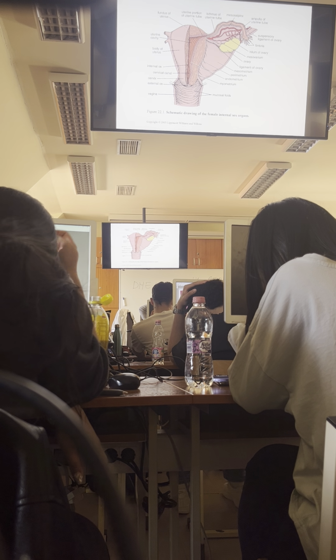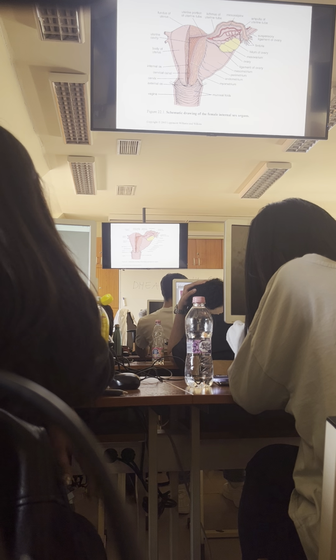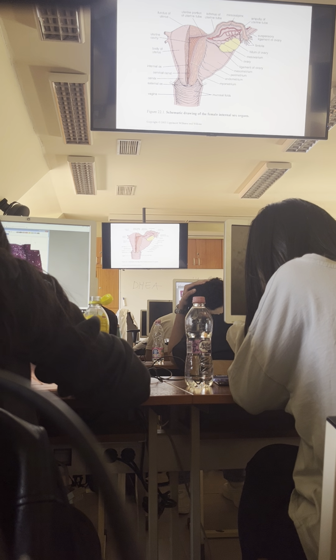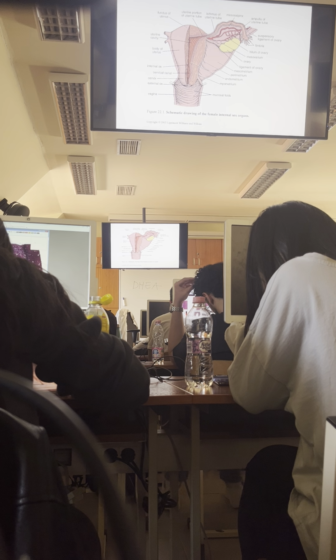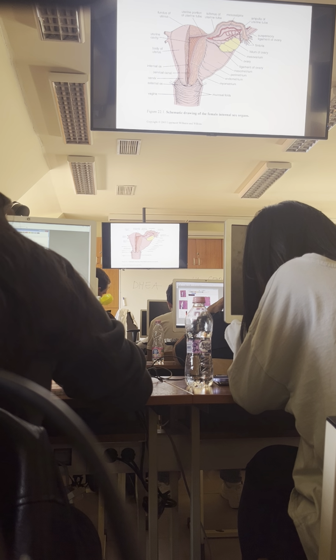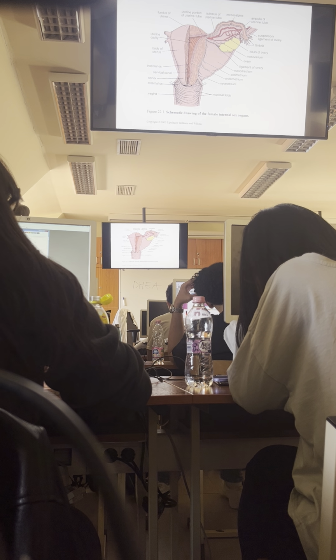And sometimes there is a precancerous stage, which means that at the territory of the cervical canal, the epithelium starts to change. Instead of having the normal simple columnar epithelium, which is characteristic for the uterus, it will become stratified squamous non-keratinizing.